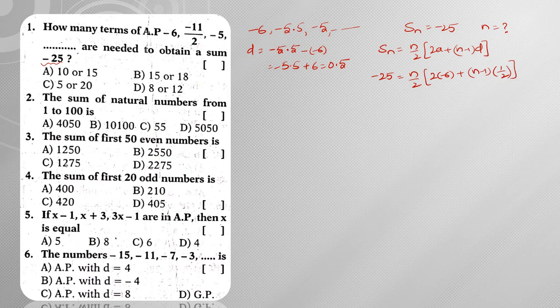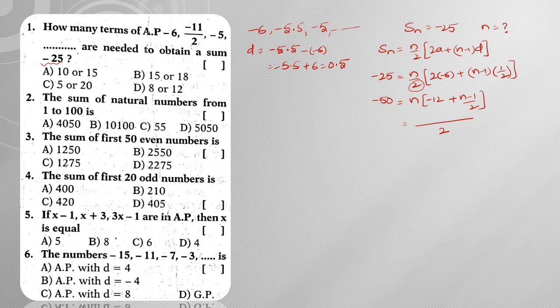Now on simplification, what am I going to get? When I transpose this 2, this becomes minus 50. So minus 50 is equal to n times 2 into minus 6, which is minus 12, plus n minus 1 by 2. Again when I take the LCM, what is the LCM here? The LCM is 2.